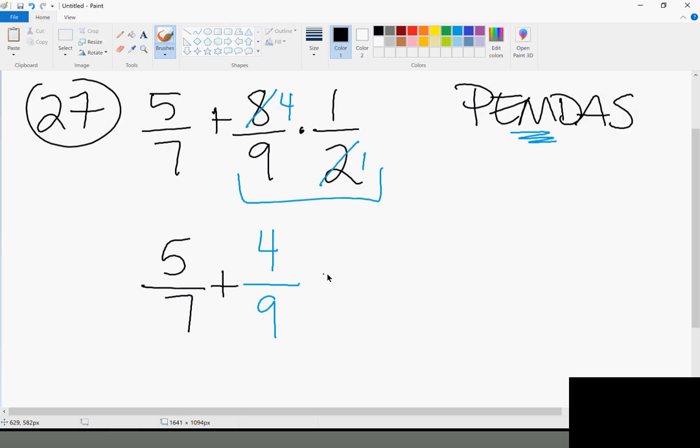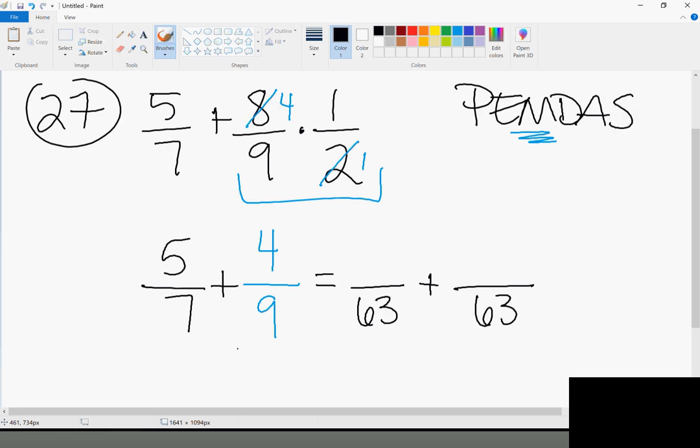Okay, now we're adding fractions, so we have to have common denominators. So, let's see here. I think 63 is going to be the least common denominator, because 63 is a common multiple of 7 and 9.